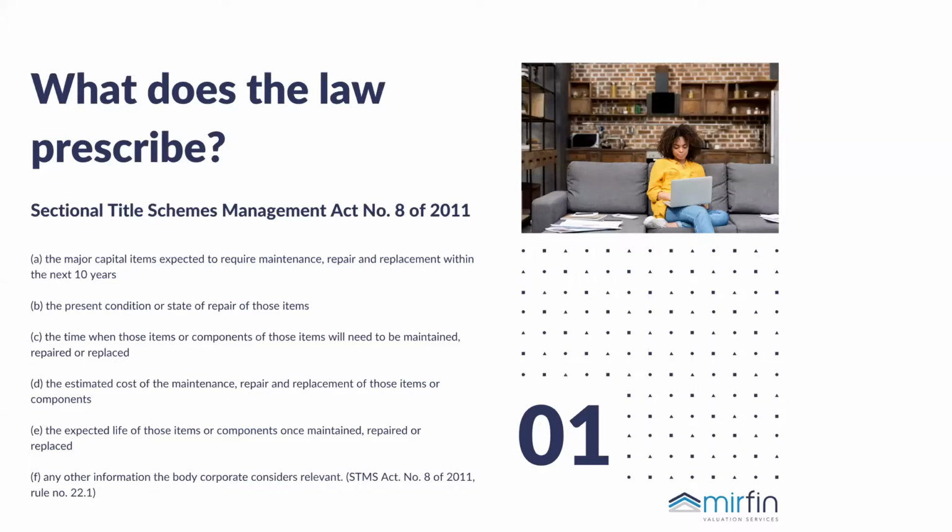It needs to provide an estimated cost of what is required to be replaced or repaired. It must also provide details of the expected lifespan of those components that you are going to repair or replace. And then any other information that's relevant to any capital expenditure or maintenance that's required in the scheme. So it's quite definitive, the Act, in terms of what is required.